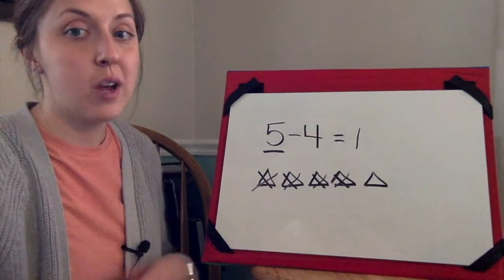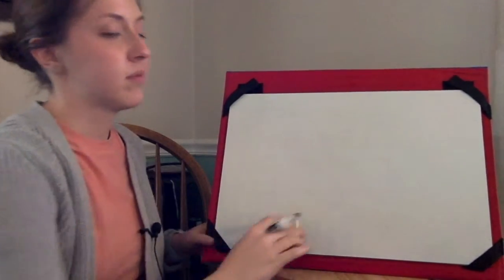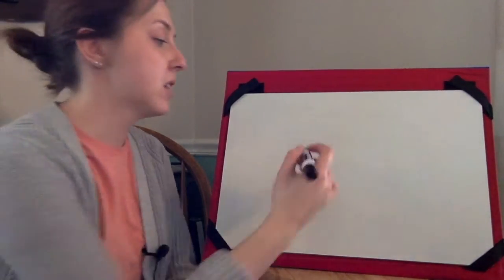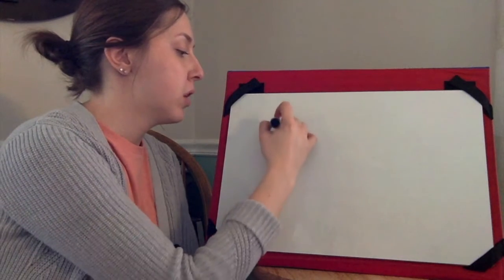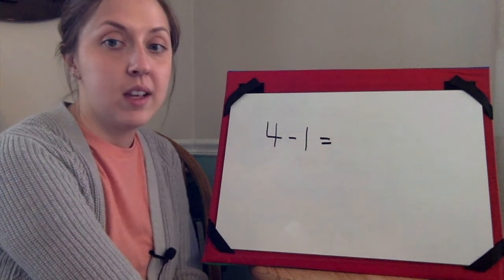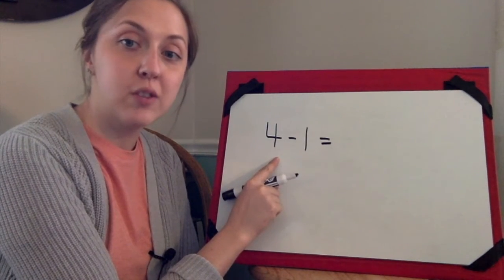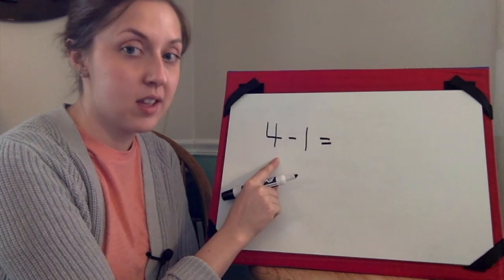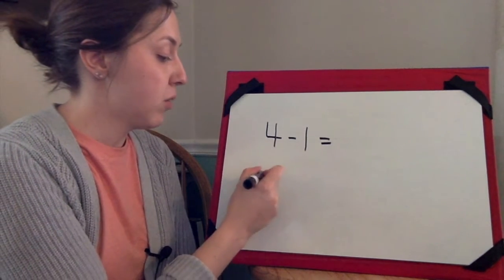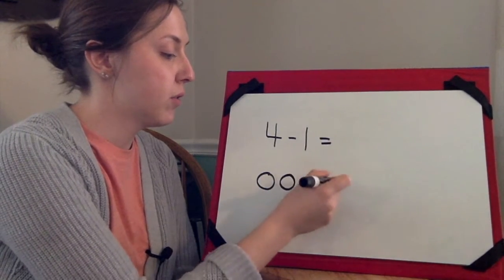Okay, let's try one more just to make sure that we have it. My next problem is going to be 4 minus 1 equals. Now, the first number is a 4. So I'm going to draw a picture of 4 things. I'm going to use circles again. 1, 2, 3, 4.